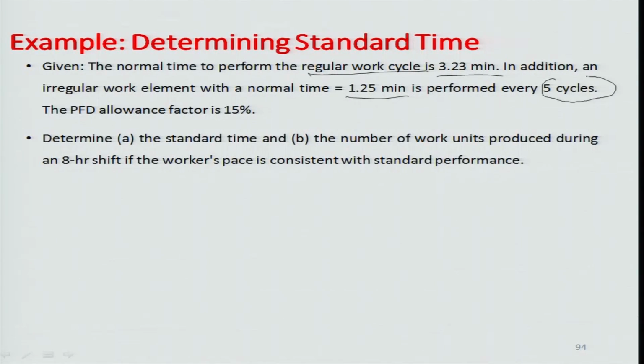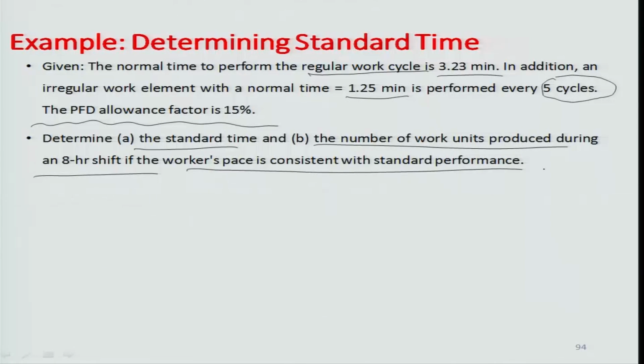So this does not come up in every cycle, but after every 5 cycles this irregular work element comes in, and we have a performance fatigue delay allowance factor of about 15% in case of manual work systems. So we determine what is the standard time, and then we also determine the number of work units produced during an 8-hour shift if the worker pace is consistent with the standard performance. So let us see how we do this.